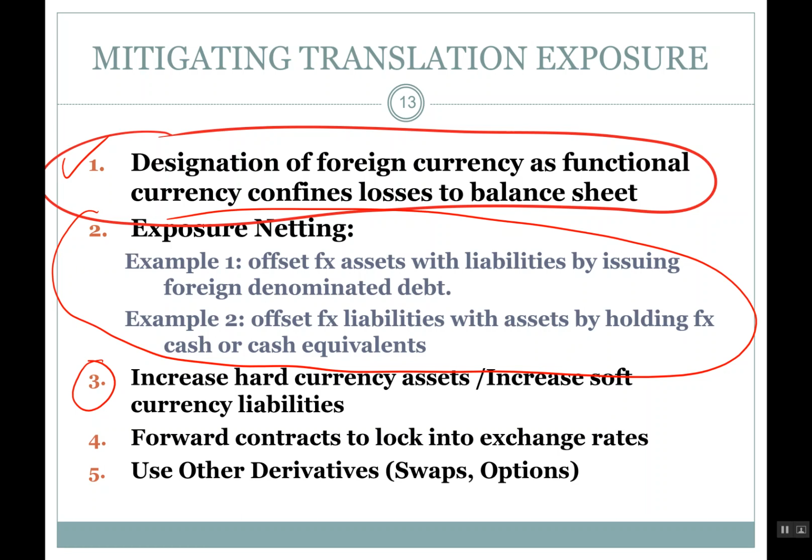The biggest one is just unhedgeable costs. For example, the classic example of this is the U.S. automakers, who have a severe exposure to a devaluation or an appreciation of the yen.